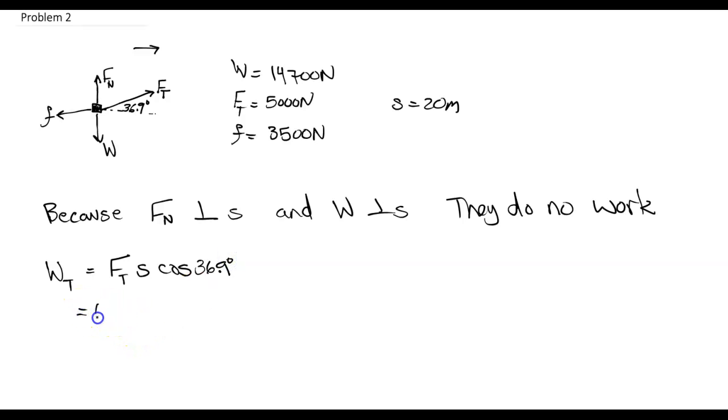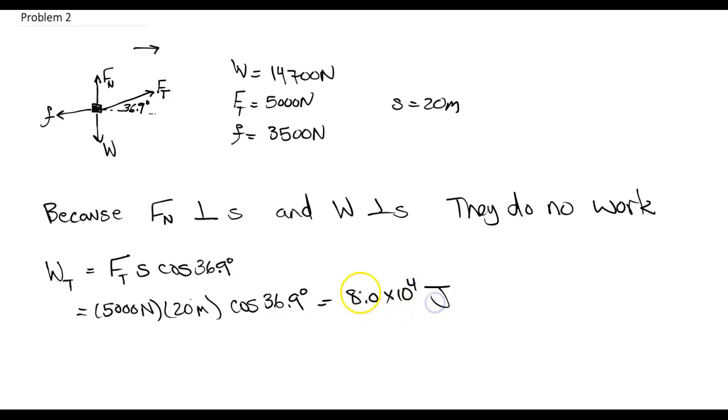So if we plug these values in, we get 5,000 newtons times 20 meters times the cosine of 36.9 degrees. That gives us about 8.0 times 10 to the 4th joules, which is also the same as 80 kilojoules.